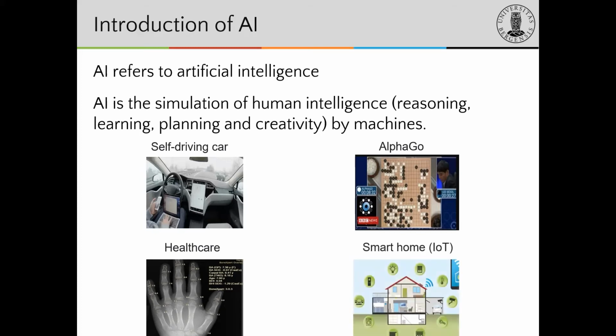The last example is the smart home. As we know, there are more and more smart devices in our homes, and they try to learn our preferences and behavior, and make our life easier and more convenient.